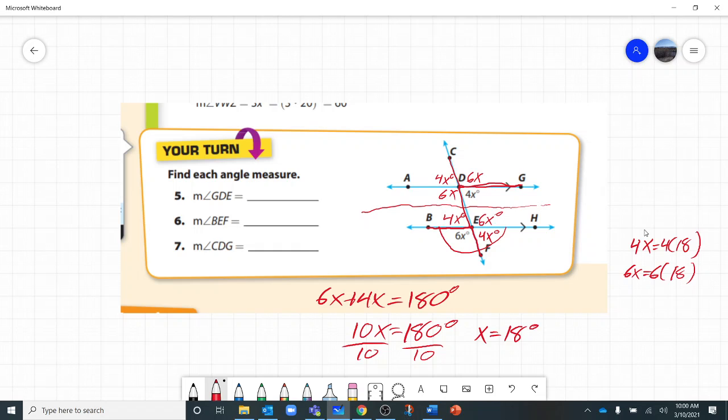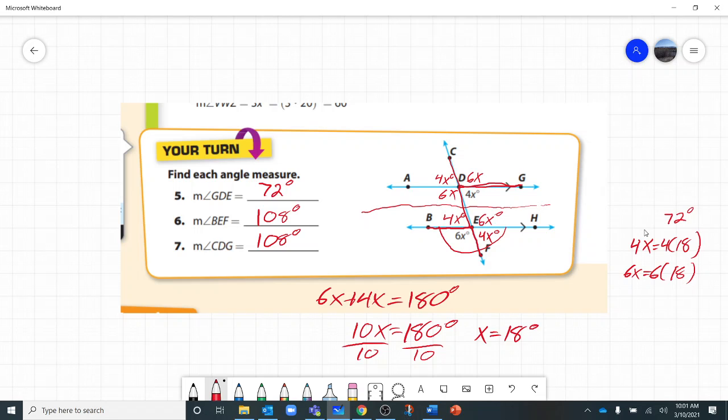So 4 times 18, you could put that in a calculator. It's 72. So this one is 72 degrees, which means BEF and CDG are going to be 108 degrees. You can plug that into a calculator, 6 times 18.